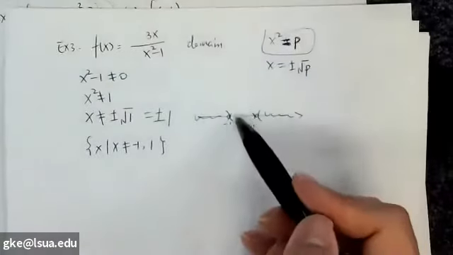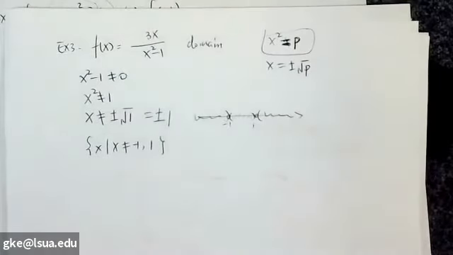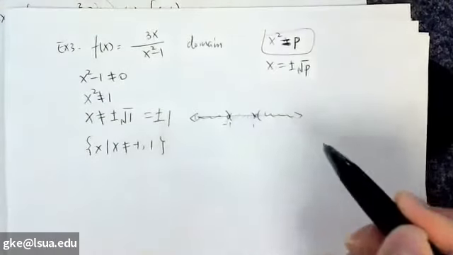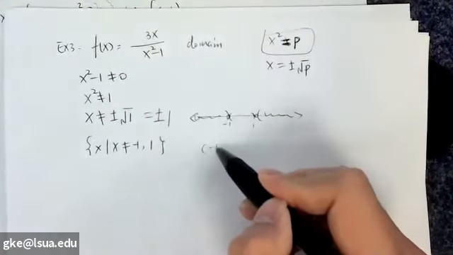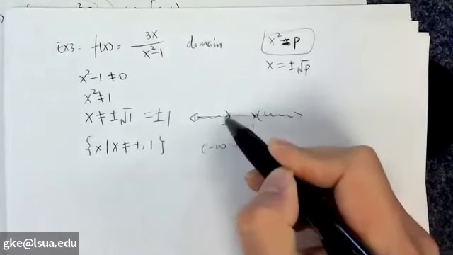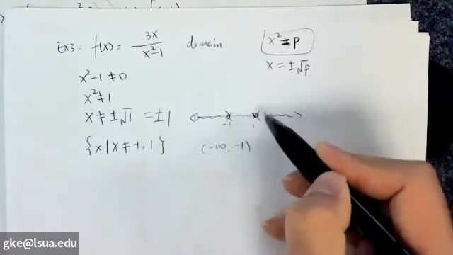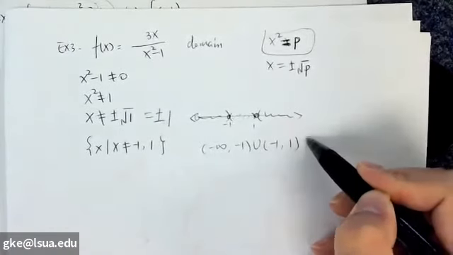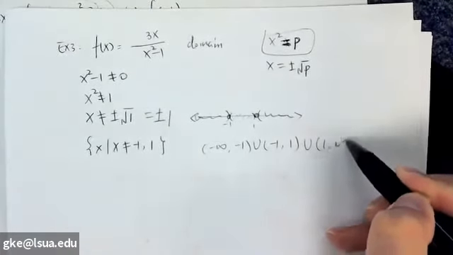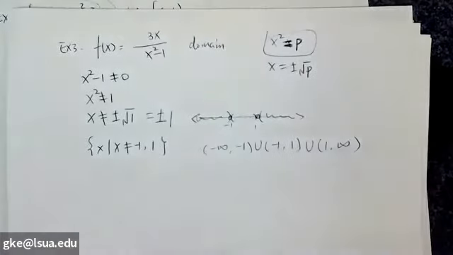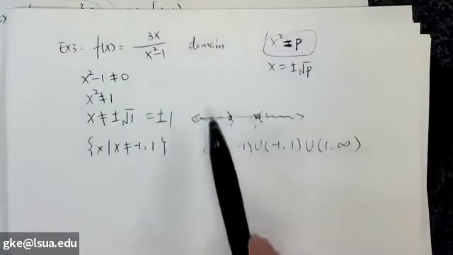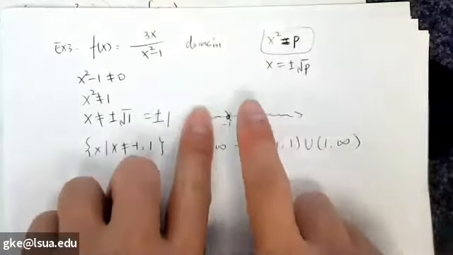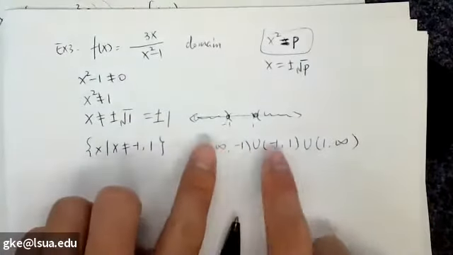So we have three parts from the x-axis. So negative infinity to -1, and these two don't include it. So we have union. Three parts, right? We have two break points, so totally three parts: 1, 2, 3.